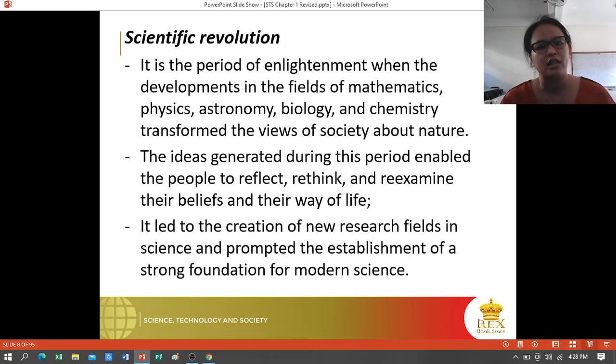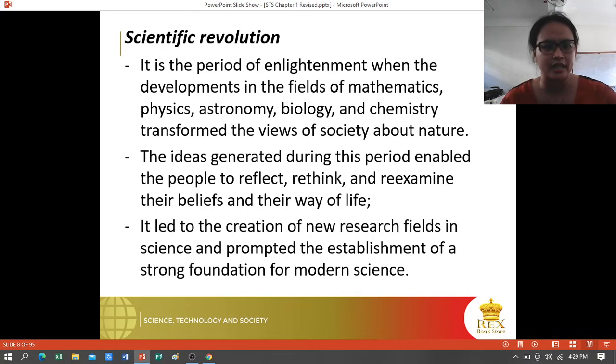This is a period of enlightenment when the developments in the fields of mathematics, physics, astronomy, biology, and chemistry transformed the views of society about nature.